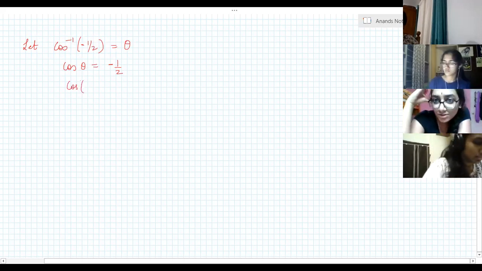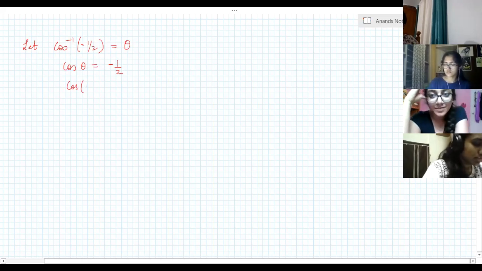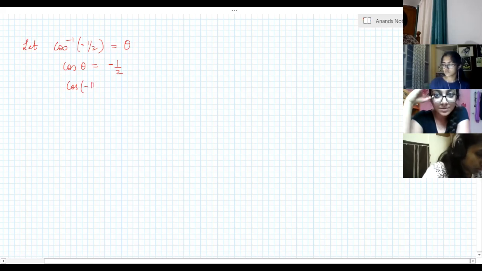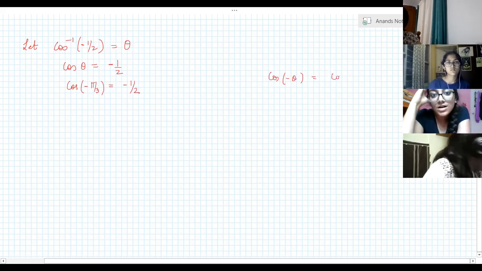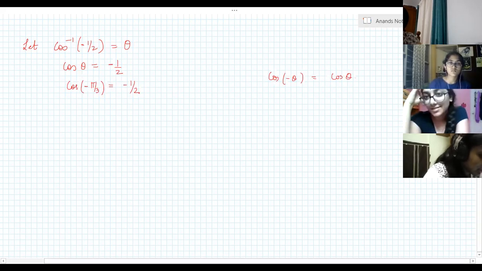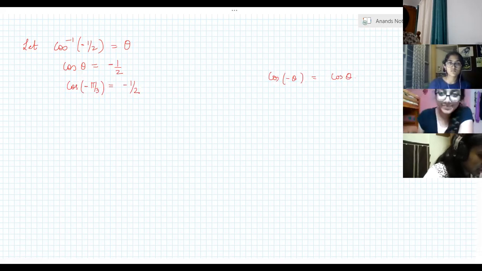So you're saying cos of minus pi by 3, but we do know that cos of minus theta is cos theta. So it works for sine, but does it work for cos? No.